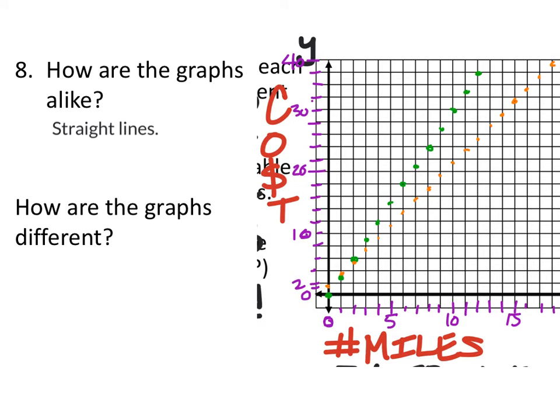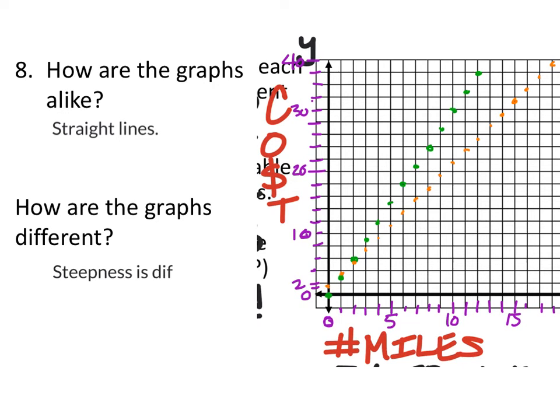However, how are they different? Well, the steepness is different. We'll address steepness in a later unit, but for now, we're just going to call it steepness. In the future, just understand this is coming, that we'll call it slope.